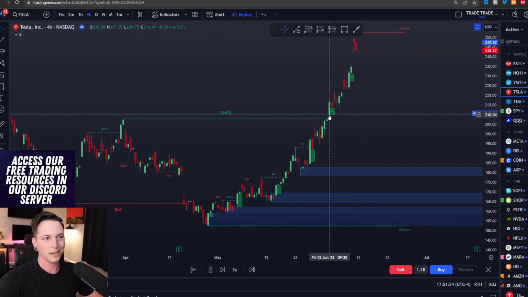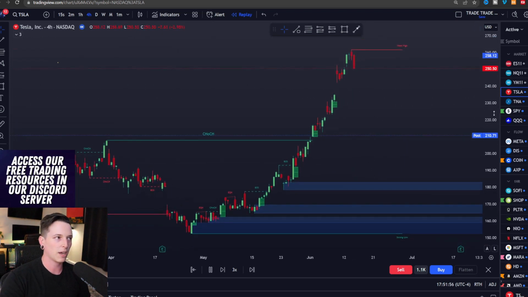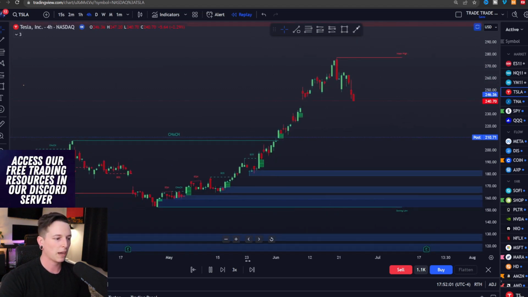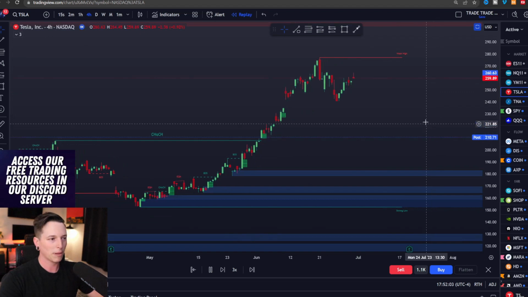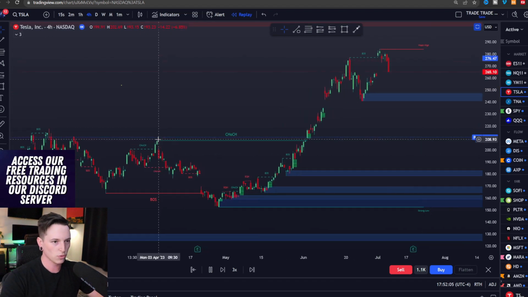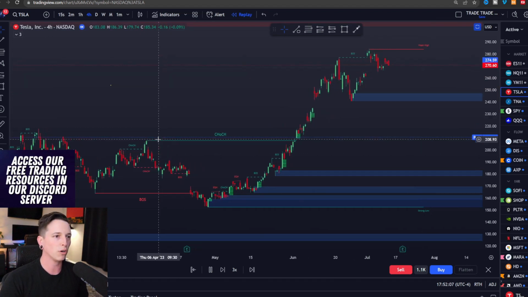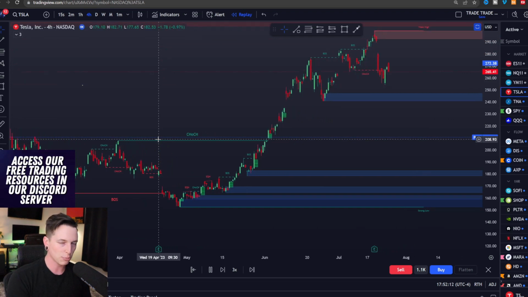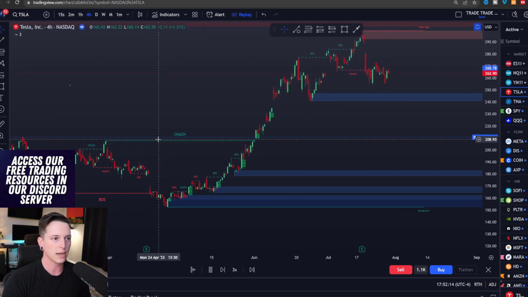As you can see, this happened here. I have this on a very fast replay, but we topped out up around here and then eventually pulled our way back down. As this resistance was very strong before at about 212, it's always going to act as a very strong support if we pull back down to this level.